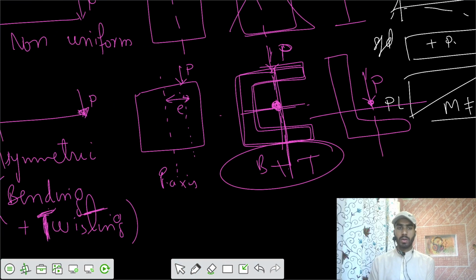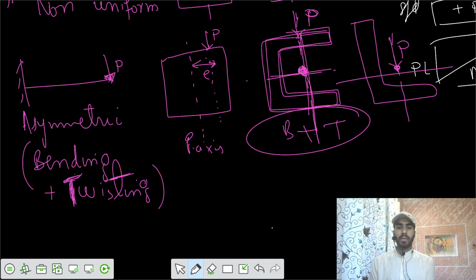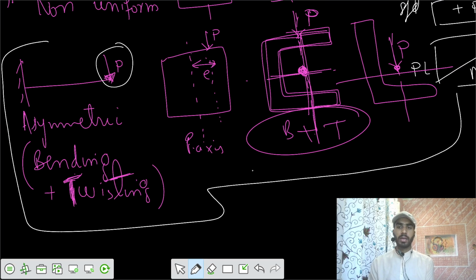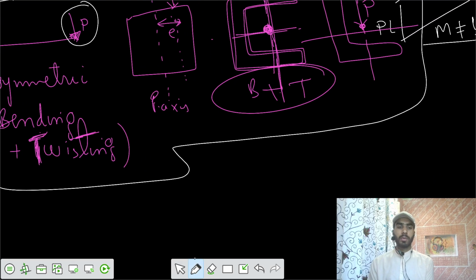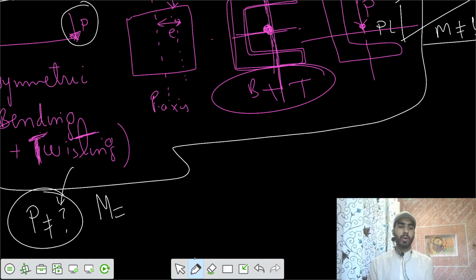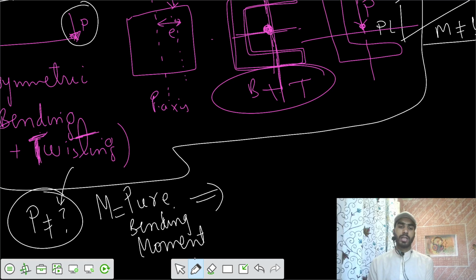Now for these three examples, if the load was not P, and it was only a pure bending moment, then we say there is only bending and no twisting.